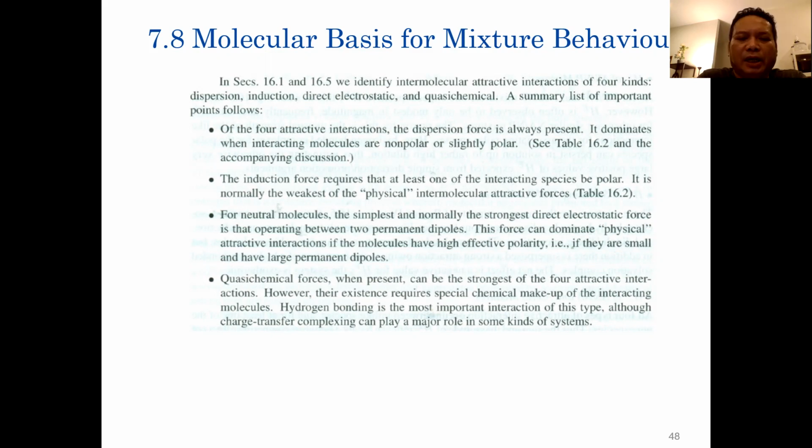Quasi-chemical forces, when present, can be the strongest of the four attractive interactions. However, their existence requires special chemical makeup of the interacting molecules. Hydrogen bonding is the most important interaction of this type, although charge transfer complexes can play a major role in some kinds of systems.